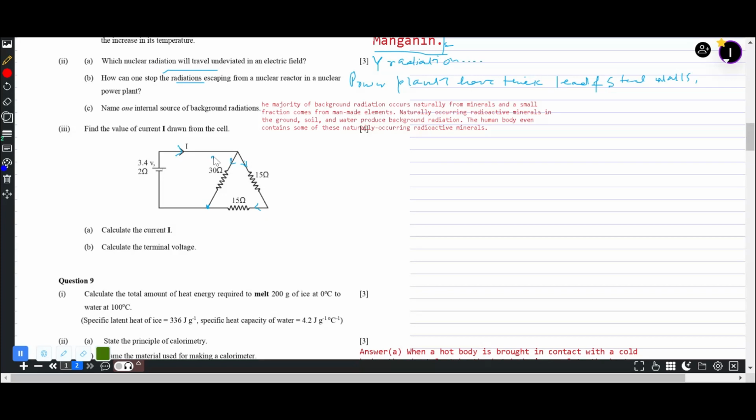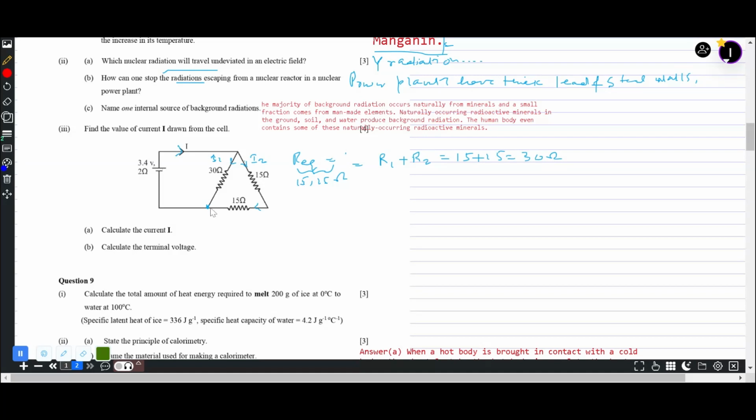So presuming this was current I1, this is current I2. I2 moves through both the resistors of 15 ohm, 15 ohm. So we can say that 15 ohm and 15 ohm are in series. What will be the R equivalent of 15 ohm and 15 ohm? They are in series, so R1 plus R2 is equal to R equivalent, which is 15 plus 15, that is 30 ohm.